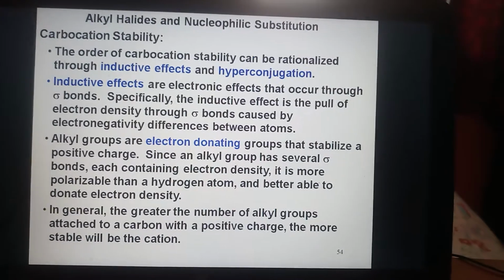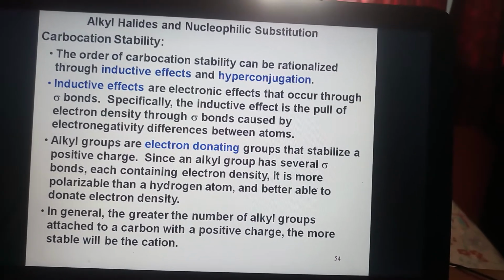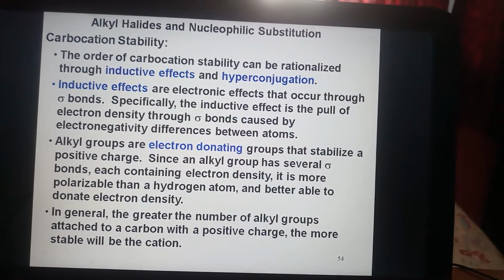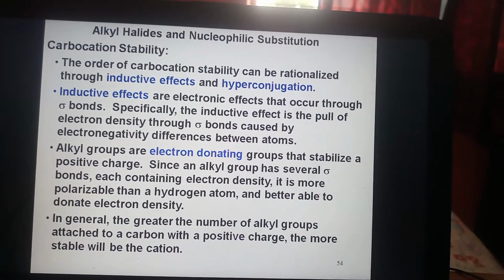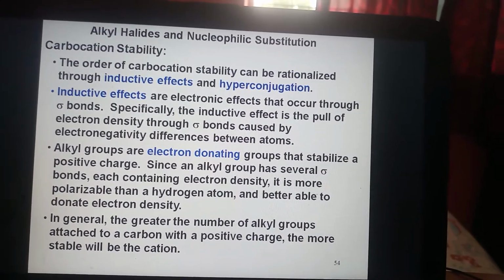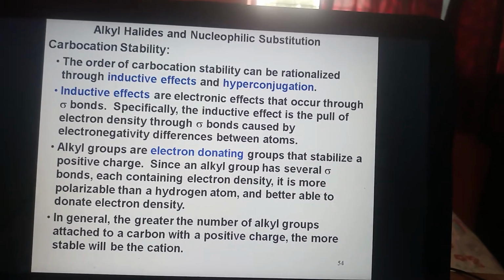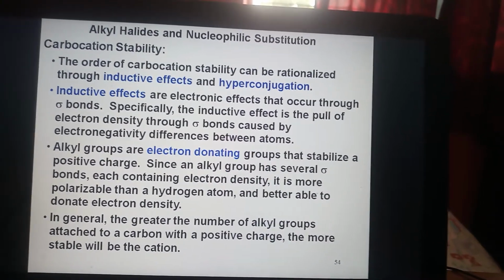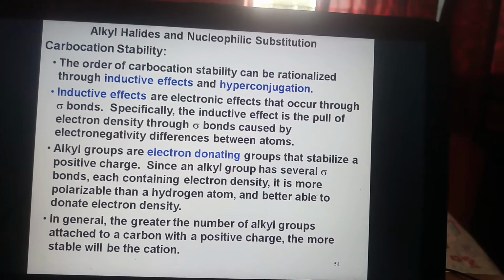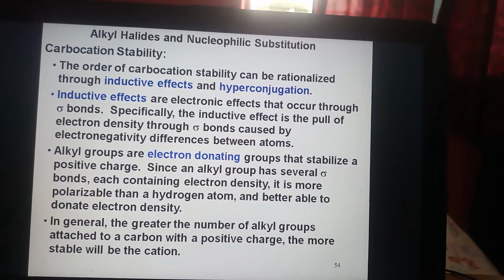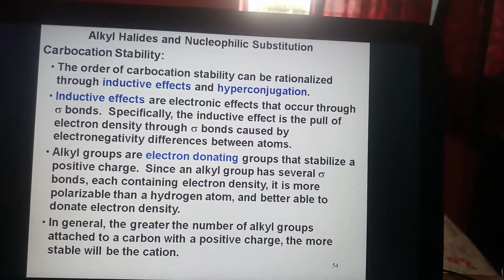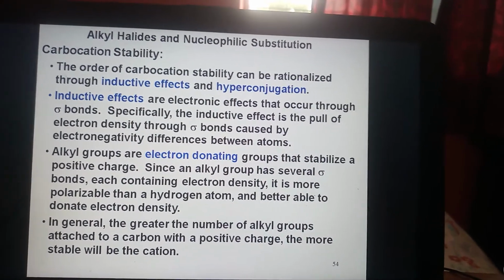The order of carbocation stability can be rationalized through inductive effects and hyperconjugation. Inductive effects are electronic effects that occur through sigma bonds. Specifically, the inductive effect is the pull of electron density through sigma bonds caused by electronegativity difference between atoms. Alkyl groups are electron donating, we know that, so they stabilize a positive charge.